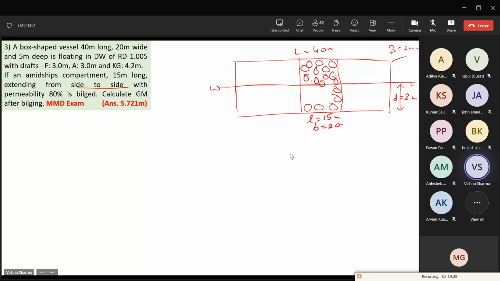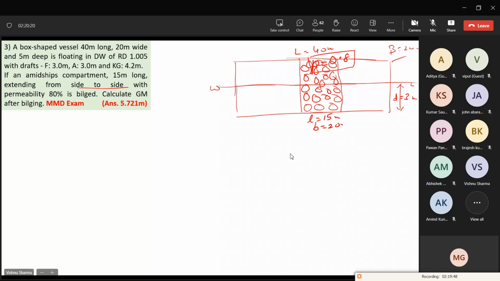This will keep reminding us that there is some cargo in the compartment. And permeability 80% or 0.8, because 80 upon 100 is 0.8, right? Is bilged. Calculate the GM after bilging.